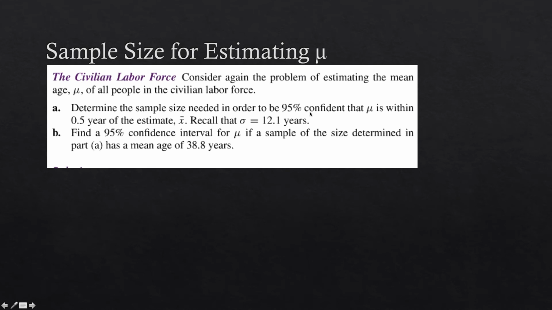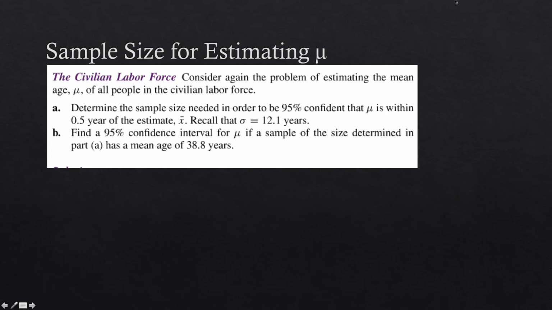Okay, so for instance, same problem again, okay, with the civilian labor force. Determine the sample size needed in order to be 95% confident that the mean is within 0.5 year of the estimate, x bar. Recall that the standard deviation is 12.1.